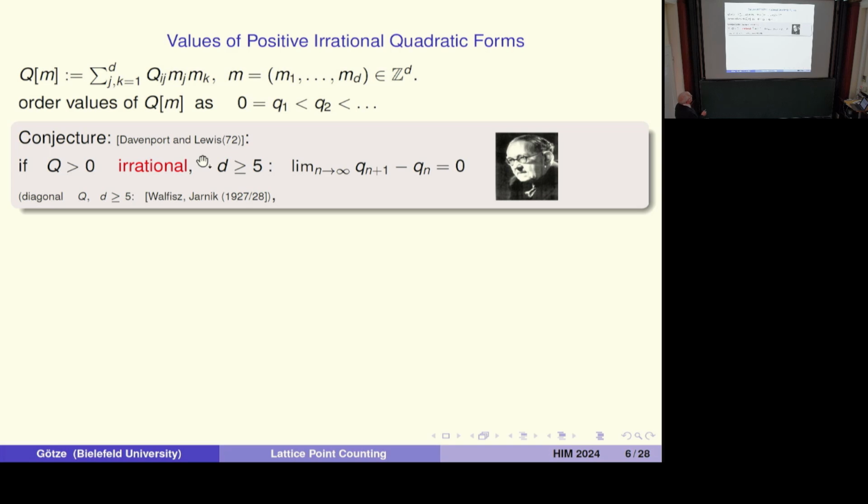And in this case, we start with the value 0, then comes the minimal value over all the integer vectors, and so on. And we can order them according to size for positive forms. And we will assume that Q is irrational. And Q irrational means it's not a real multiple of a rational matrix.